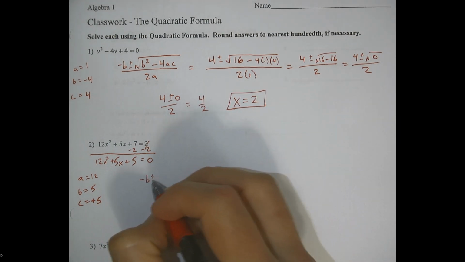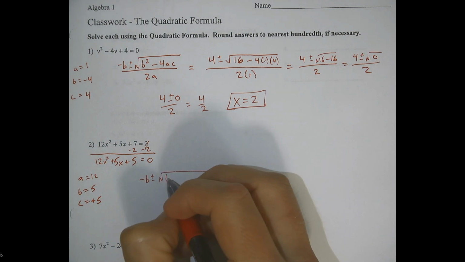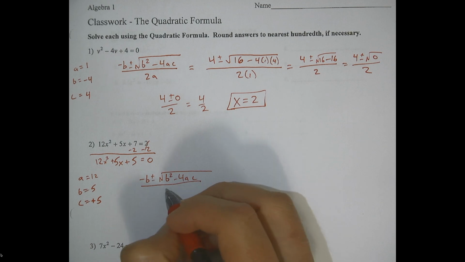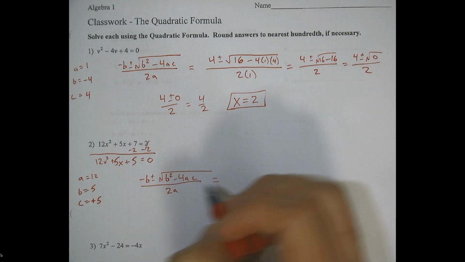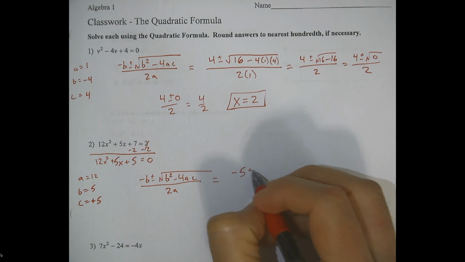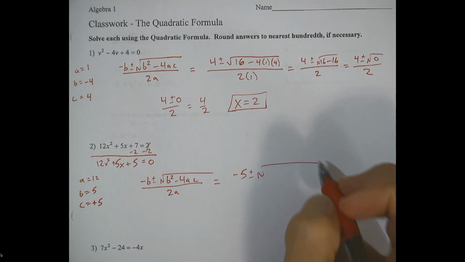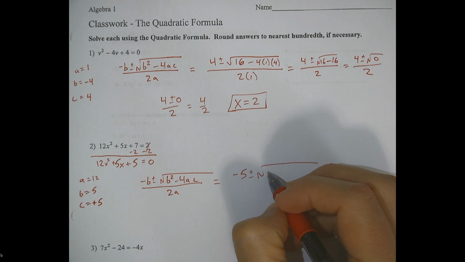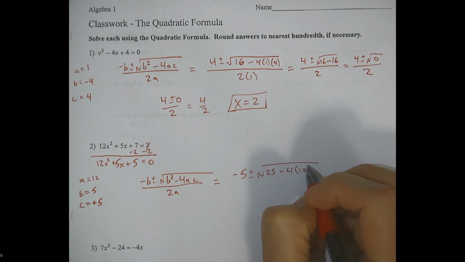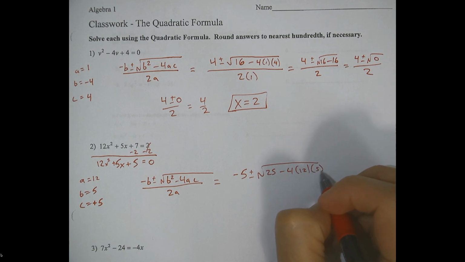So -b plus or minus square root of b squared minus 4ac over 2a. Plugging in -b, so -5 goes in for b plus or minus square root of b squared, so 5 squared is 25 minus 4 times a, which is 12, times c, which is 5.